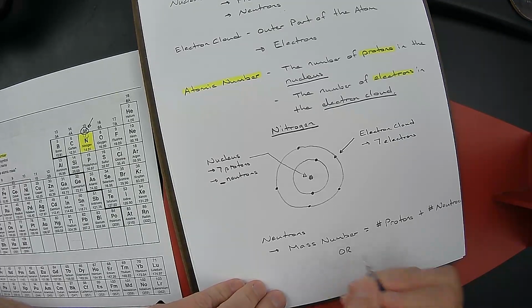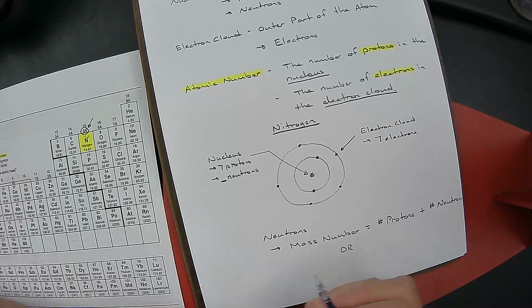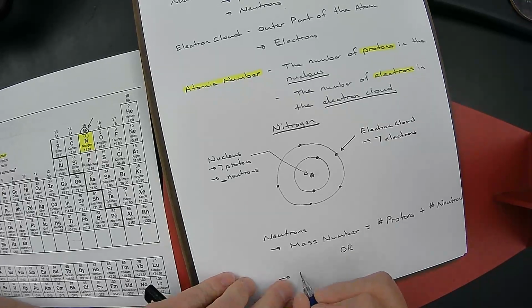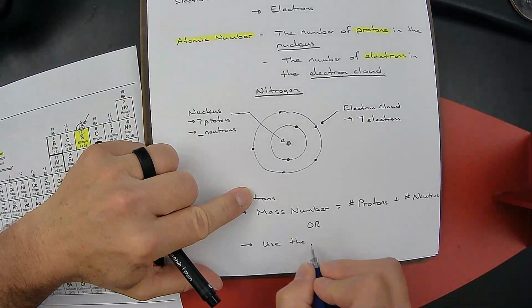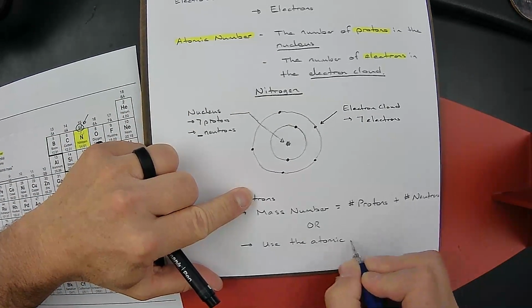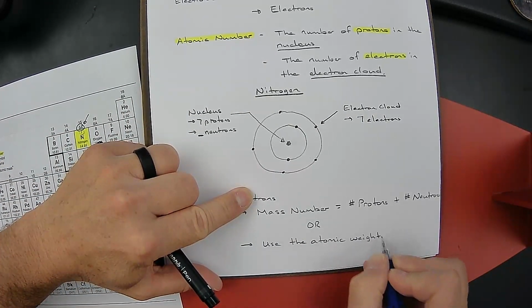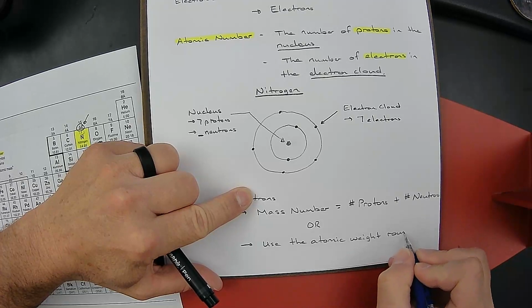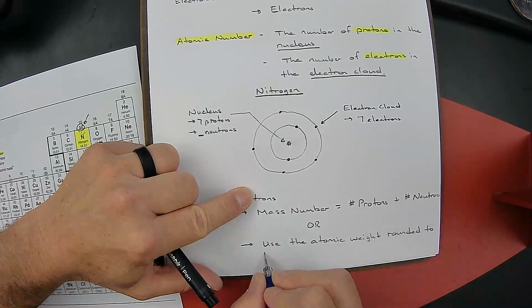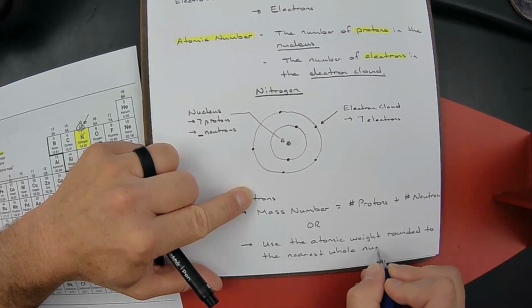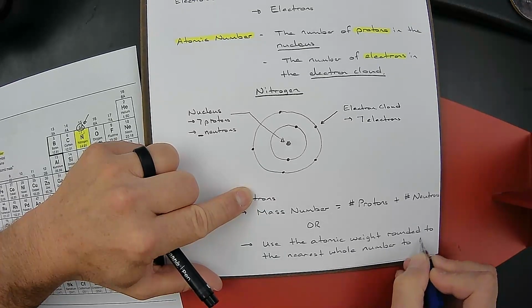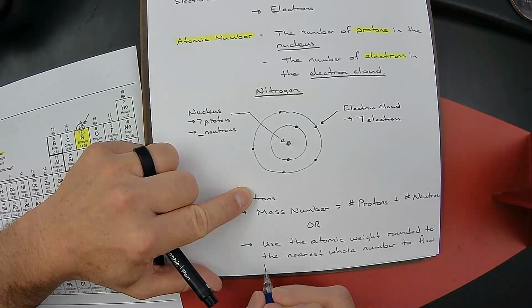Or we can use the atomic weight, rounded to the nearest whole number, to find the mass number.